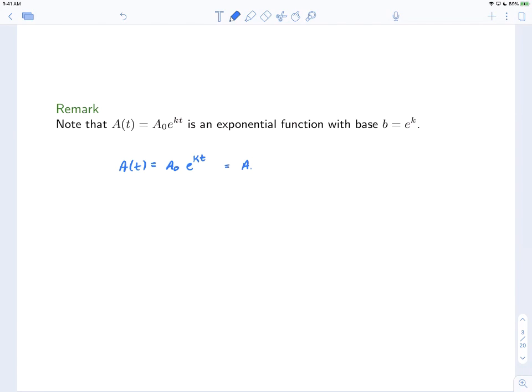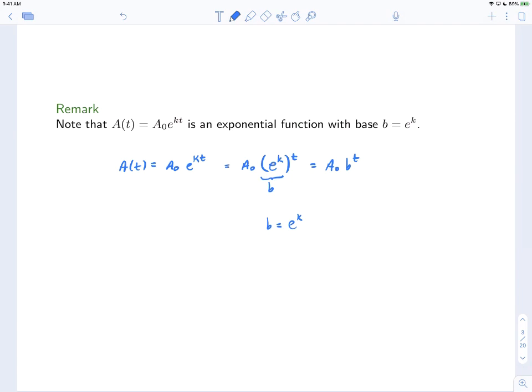But using the properties of exponentials, we can write this as e^k raised to the t. So this is A₀ times b^t, where b is equal to e^k. So this is an exponential function. We write it in terms of e, but really the base is e^k.